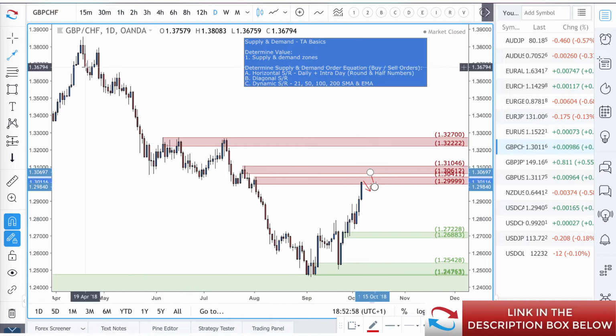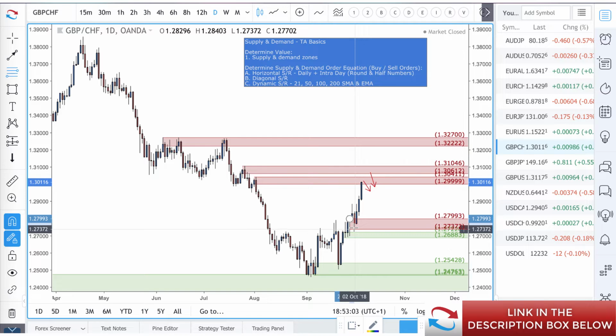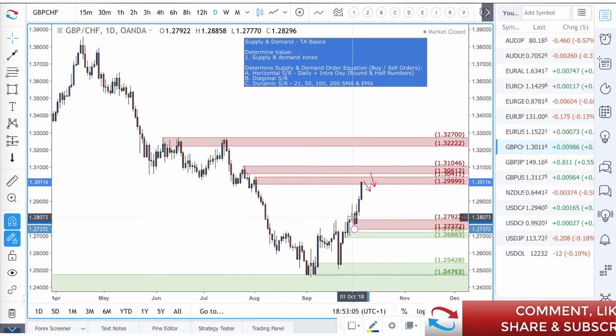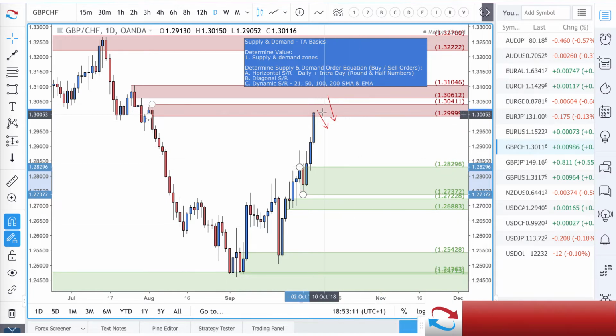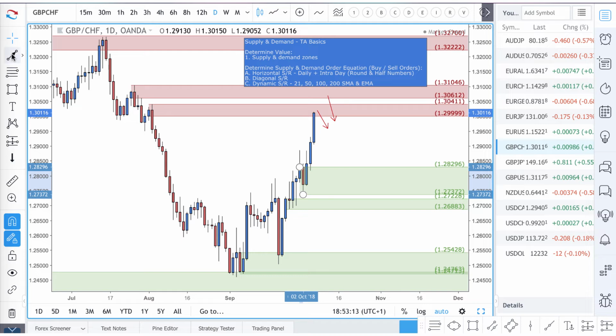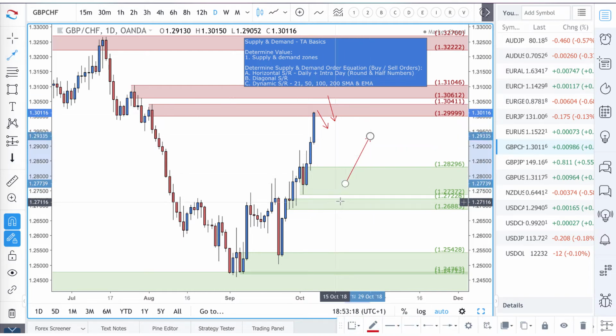Your next long opportunity to buy the pound against the Swiss is going to be around here. I'll turn that into demand, right? So you've got that area, you've got this area. If prices do pull back, it's going to be your first area to try to look to get long.